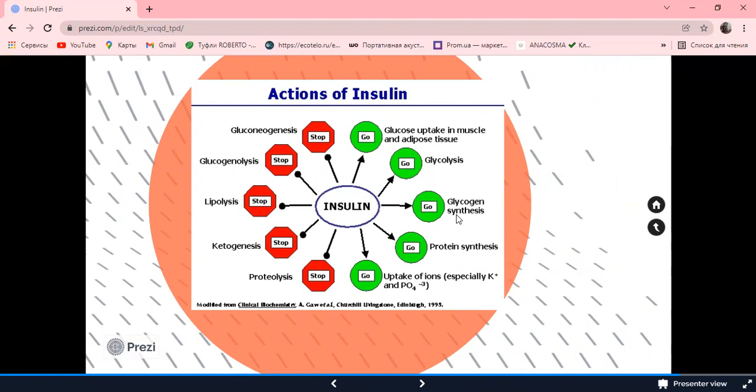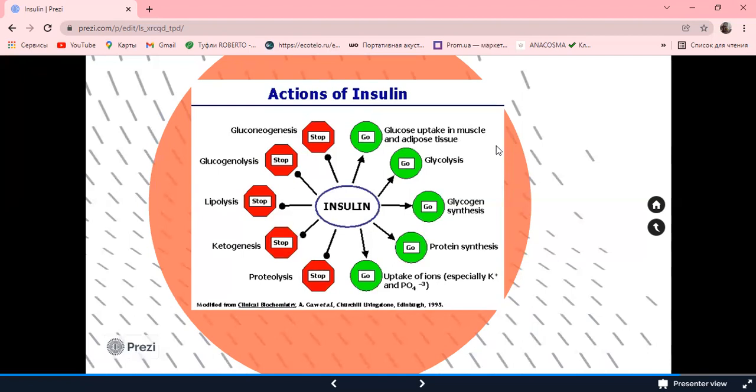First of all, I said glycolysis, glycogen synthesis, glycogenesis, and the pentose phosphate pathway or hexose monophosphate shunt. The pentose phosphate pathway that is activated by insulin is the source of NADPH. NADPH is used for lipogenesis because insulin at the same time stimulates lipogenesis in adipocytes.